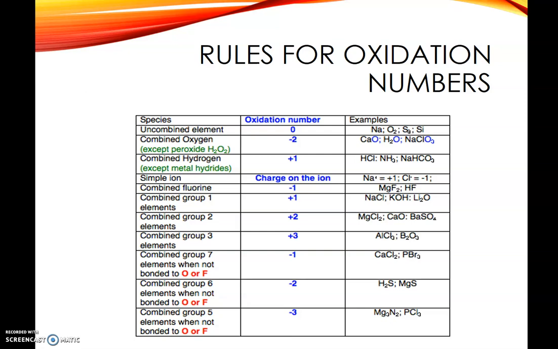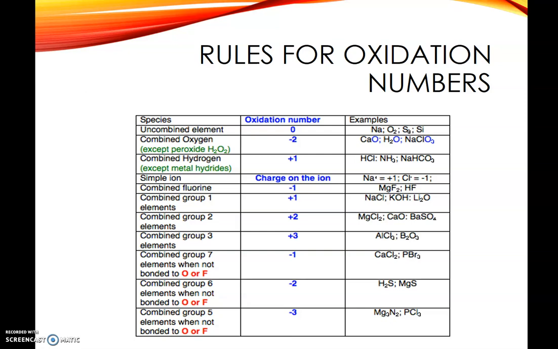Next, the charge on a simple ion. If you've got a species such as sodium fluoride, you know that in an ionic compound, sodium will have the charge +1. If it's calcium in, say, calcium oxide, you know that calcium has a charge of +2.